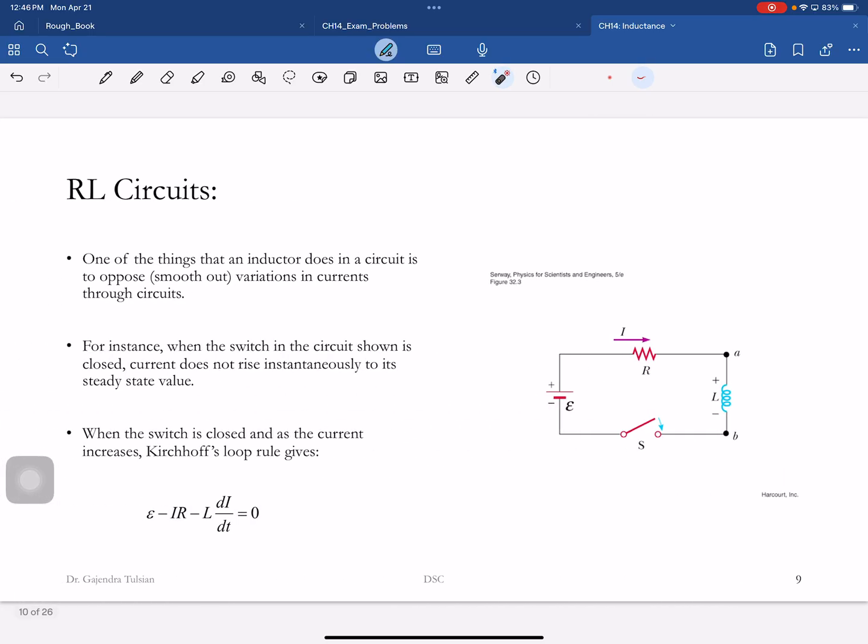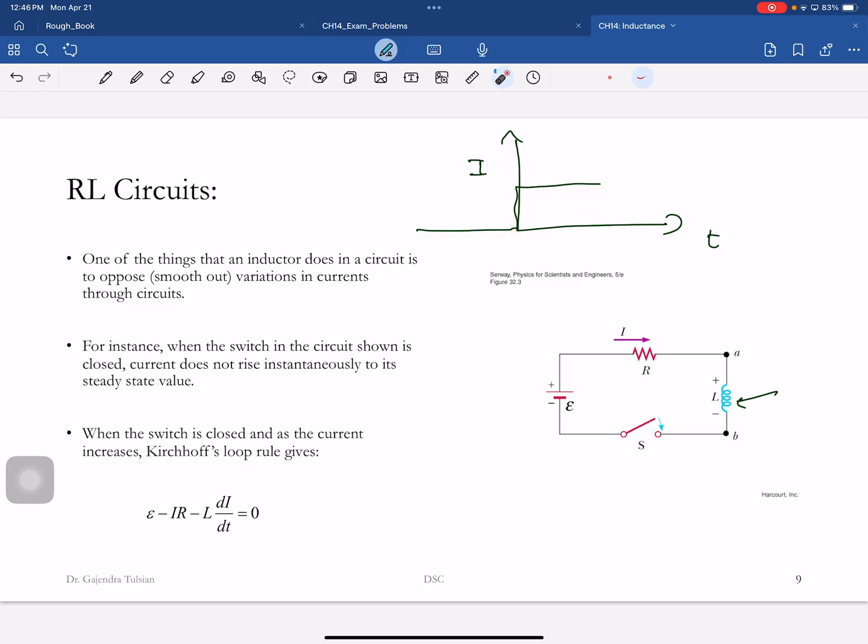If this inductor was not present and you close the switch, the current in the circuit rises from 0 to its steady state value instantly. With the inductor present, the current now rises exponentially.